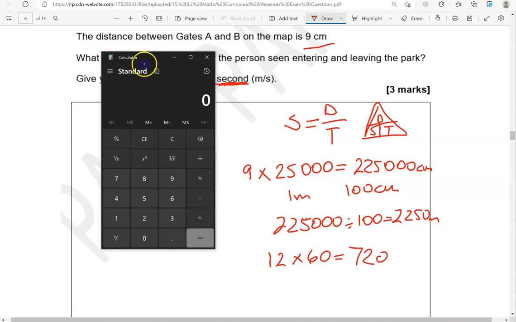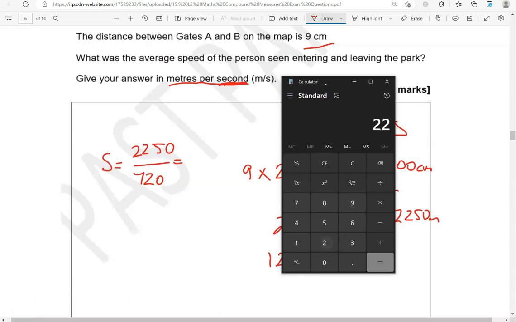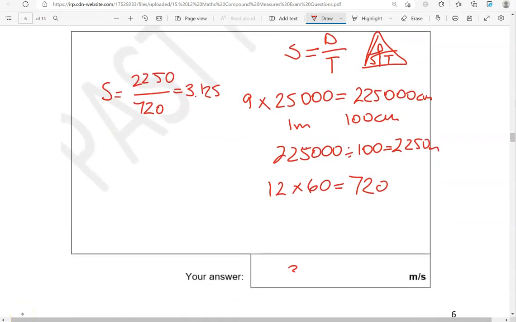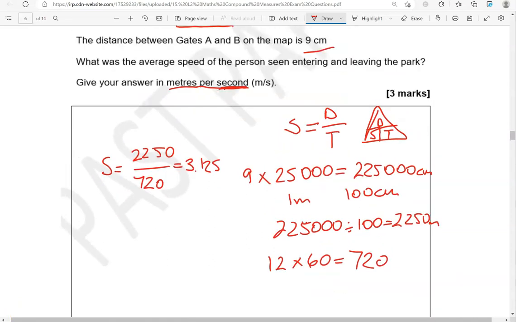So 2,250 divided by 720 gives us 3.125. And that's the speed. So 3.125 meters per second.